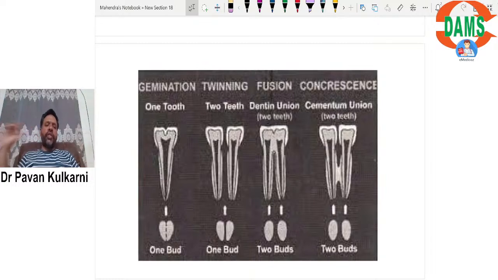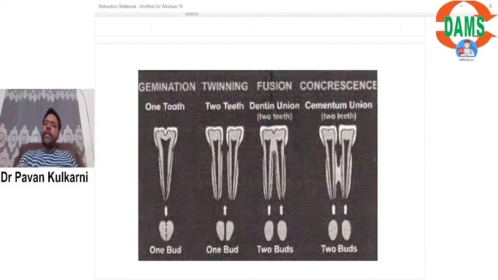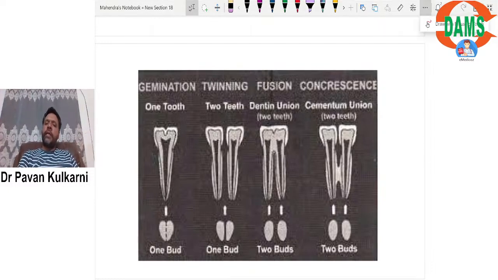In gemination, a single tooth attempts to divide into two. Whereas twinning is where this attempt becomes complete. In gemination, you can see just a dip, whereas in twinning it has become two teeth completely separated.